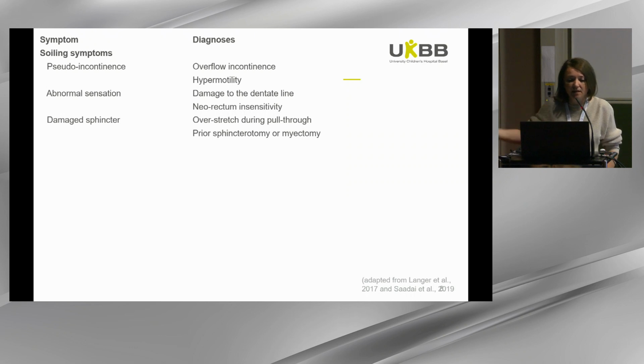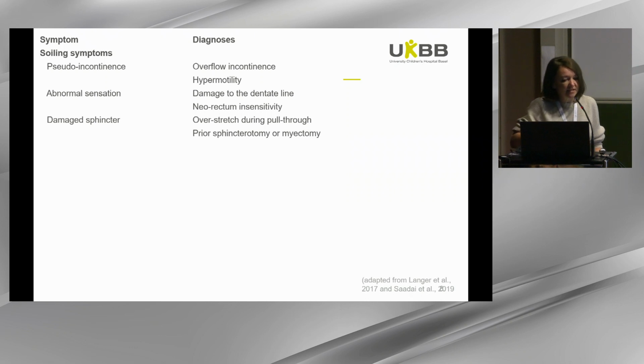soiling and obstruction. So thinking of soiling, first of all, we have to make sure that it's a real incontinence and it's not a pseudo-incontinence. Is the patient suffering from an overflow incontinence? Has the patient hypermotility because the remaining rest of the colon is short and the patient lost the reservoir function of the colon?